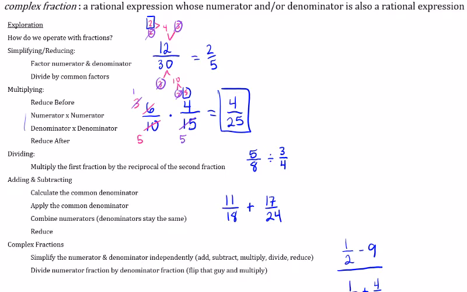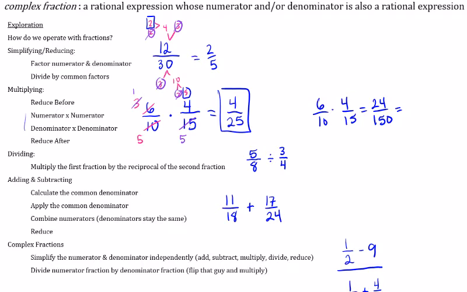Okay. If we wanted to, we could have reduced after. So I could have just multiplied first. 6 times 4 is 24. 10 times 15 is 150. And then I could have reduced from there and realized the common factor, in this case, is 6.